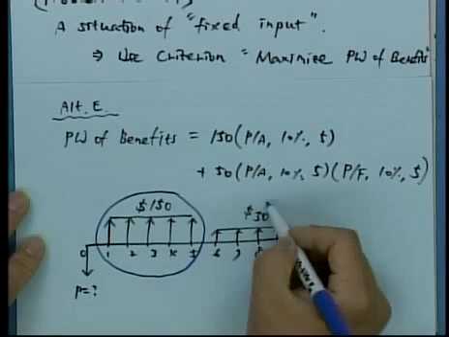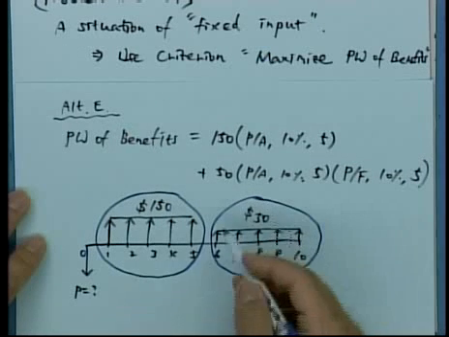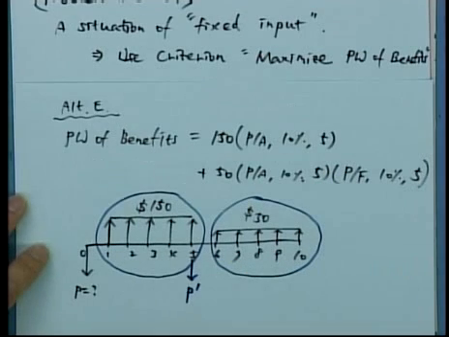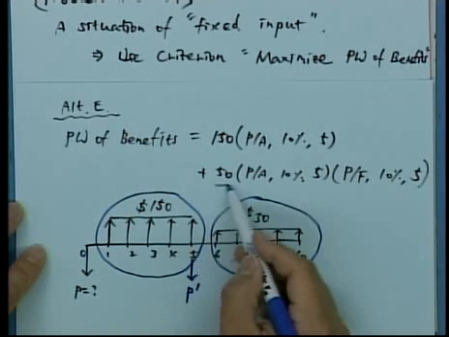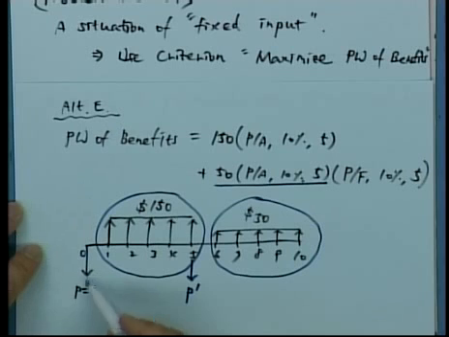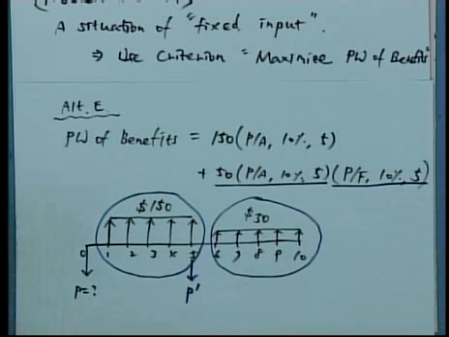And you also need to convert this uniform series to the present sum, let's say P prime, at the end of period 5, and then again convert this P prime to the equivalent present sum of money, P, at the end of period 0. So you need to multiply by this factor. Okay?